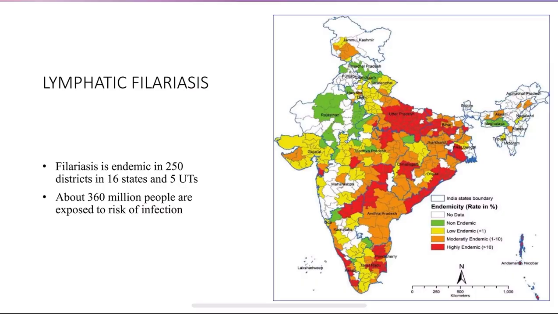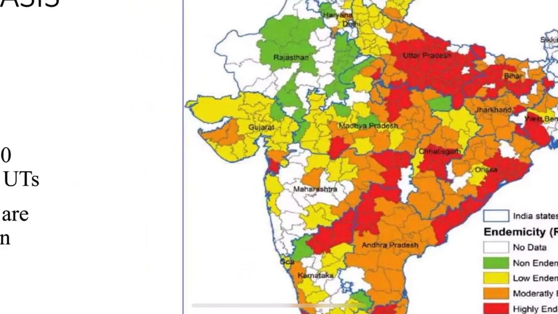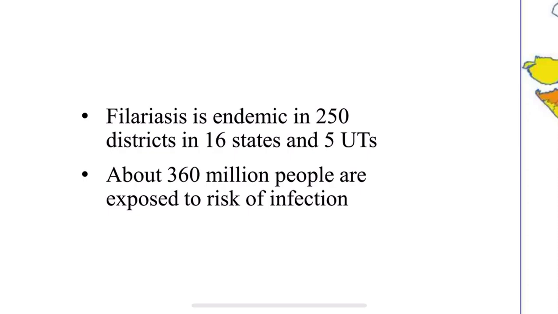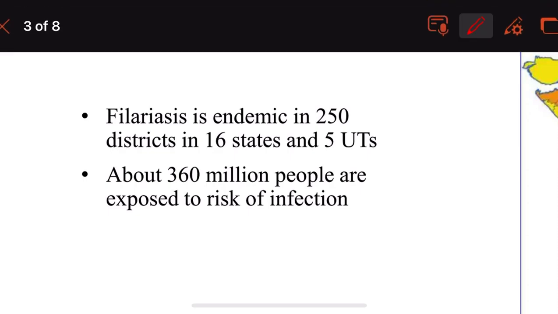To begin with, lymphatic filariasis is endemic in about 250 districts, in 16 states and 5 union territories. What is the meaning of endemic? It is when the occurrence of disease is at the usual expected frequency.